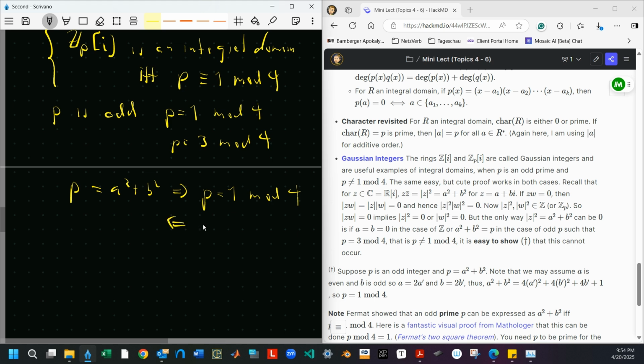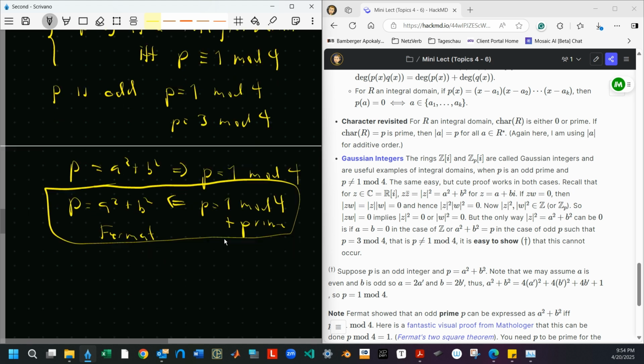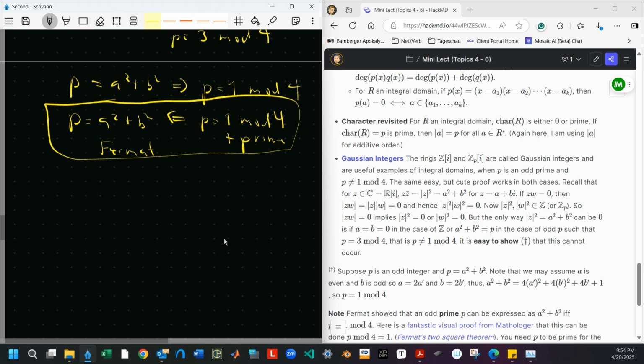The other direction, P equals 1 mod 4, plus P prime, actually implies P equals A squared plus B squared. Much more interesting, right? This part is due to Fermat. The other part's kind of simple, so it's too easy to say it's due to Fermat.